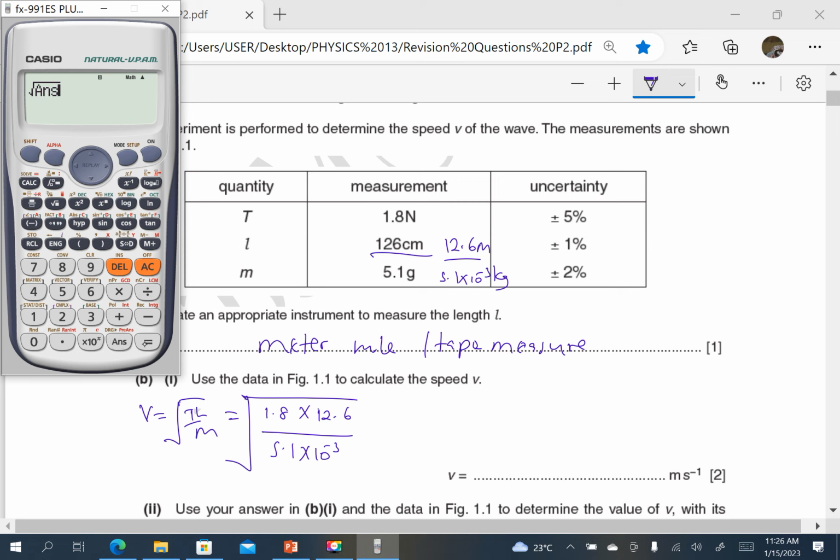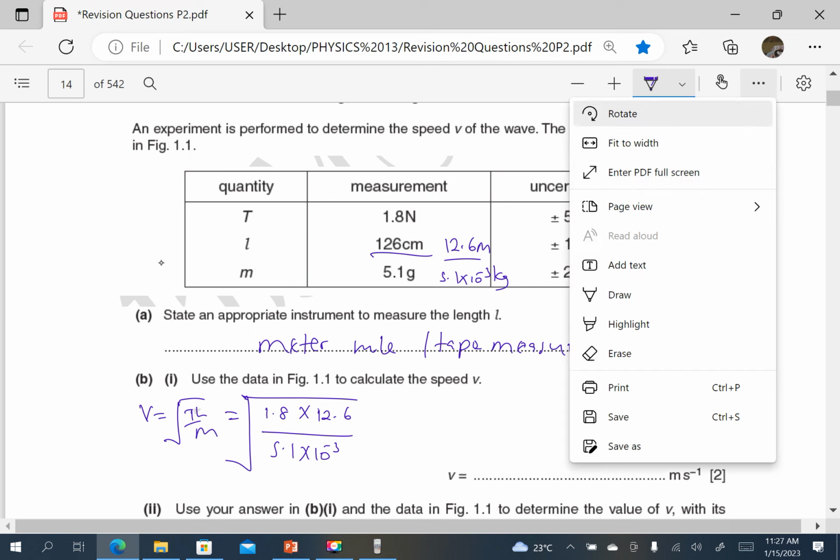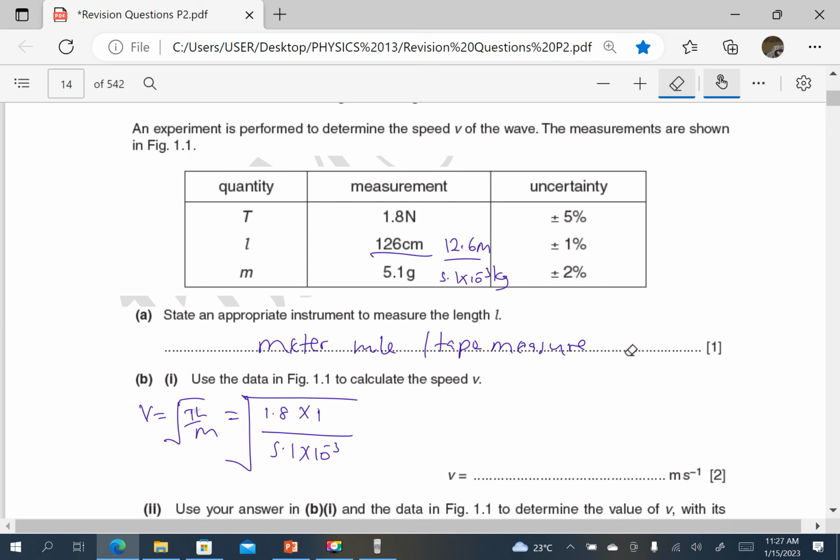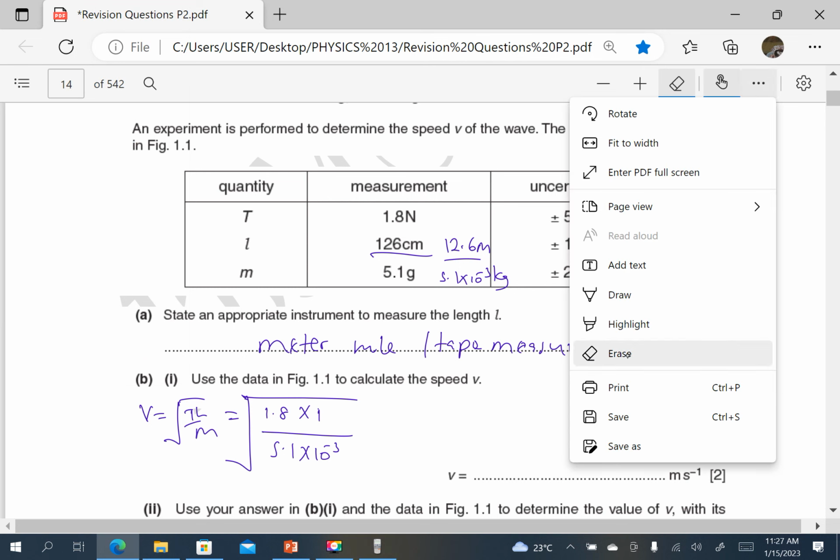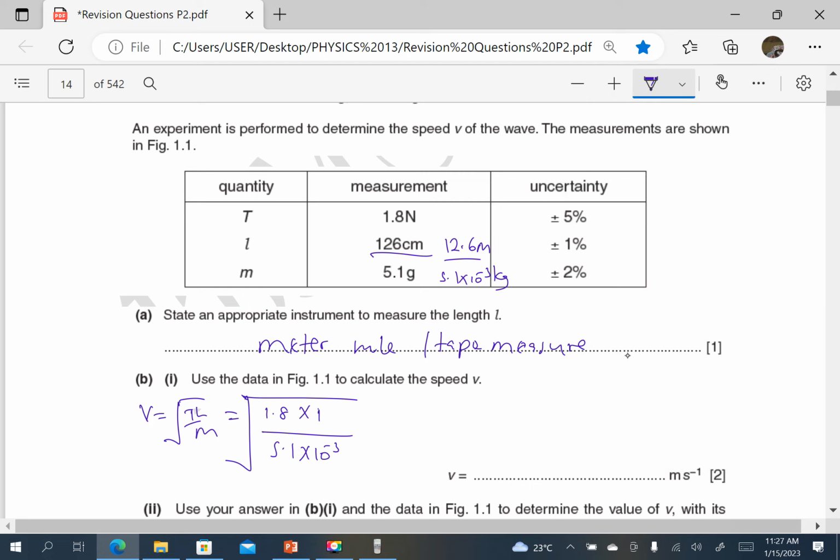Root of the answer, I'm getting 60. Am I converting wrongly? 126 centimeters divided by 100. Oh, sorry, this is 1.26, not 12.6. It is 1.26.